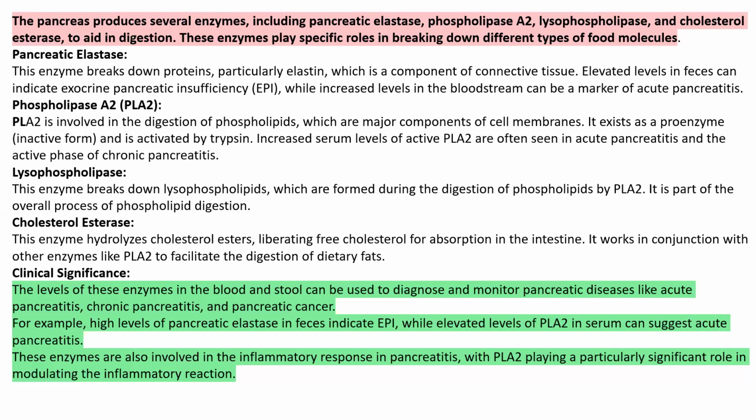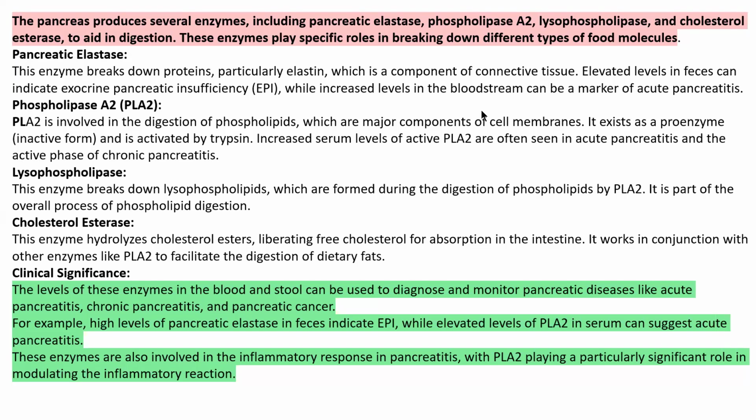It also secretes other enzymes, which help in the breaking down of different food molecules, that are pancreatic elastase, phospholipase A2, lysophospholipase, and cholesterol esterase. But what is the function of pancreatic elastase? It helps in breaking down proteins, particularly elastin protein. Elastin protein is a component of connective tissue.